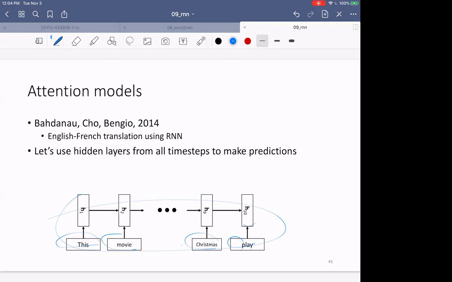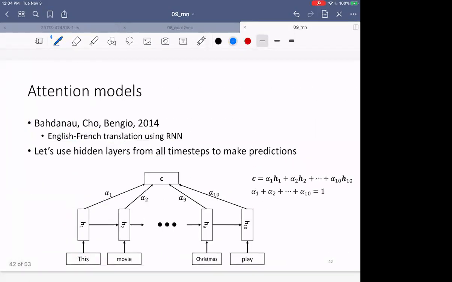But instead of feeding only H10 to logistic regression, you want to pull information from all time steps and derive something called the context vector. So you not only use H10, but you use H1, H2, all the way to H9, H10, and you somehow sum them up and derive C, the context vector.